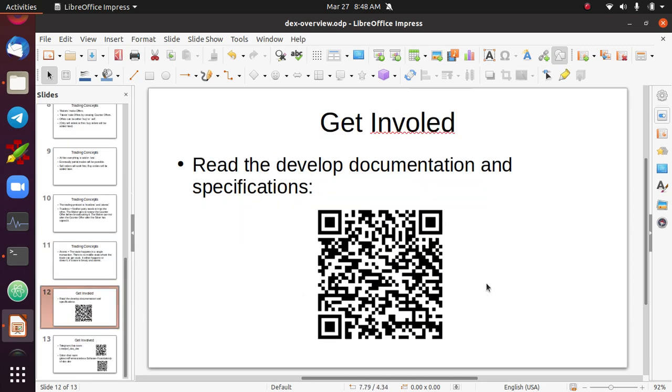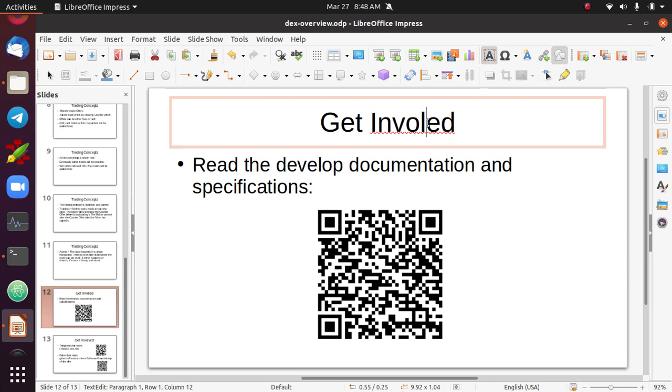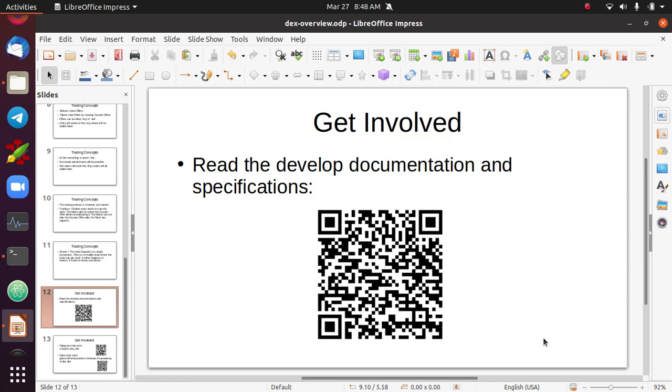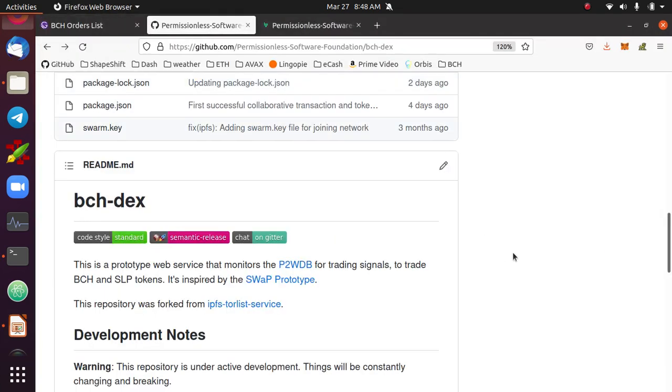So that's pretty much the high-level concepts I wanted to cover in this video. If you want to get involved and learn more about what this DEX is, this QR code will take you to the developer documents and the specifications where you can read more about this.